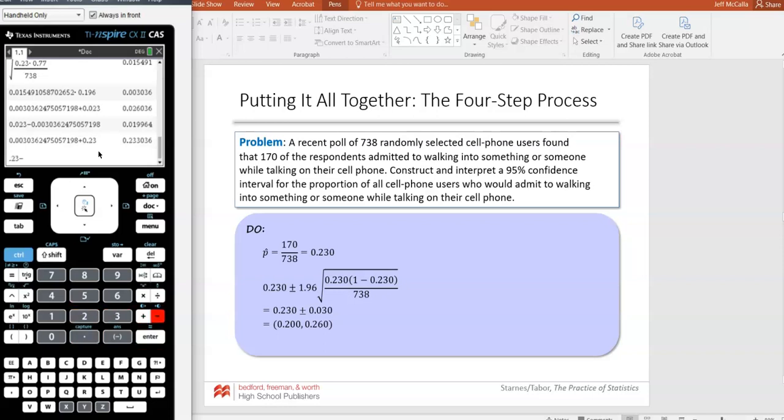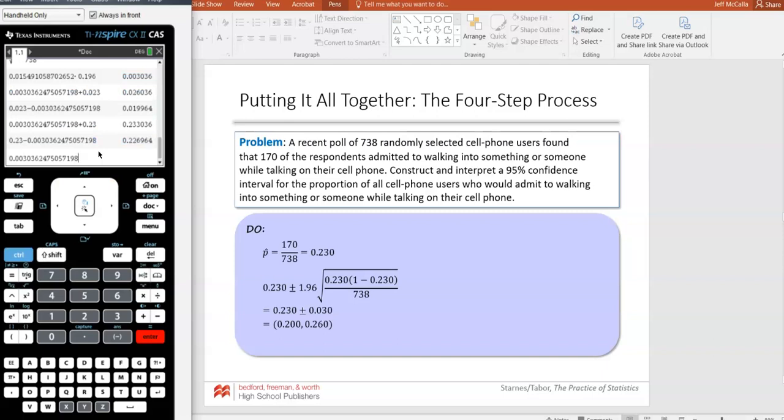And then 0.23 minus that number. I'm confusing my numbers. So 0.23, the margin of error was 1.96 times that.